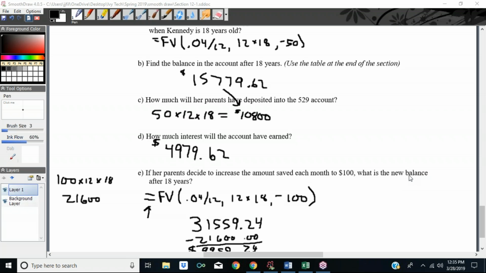Well, how would we get that without Excel? That's a great question, Stephanie. We would have to do this calculation. Remember with the credit card, how we calculate the interest every time? Instead of finding a minimum payment, we would just calculate the interest, then calculate the interest again. We'd have to do that every month for those 18 years.